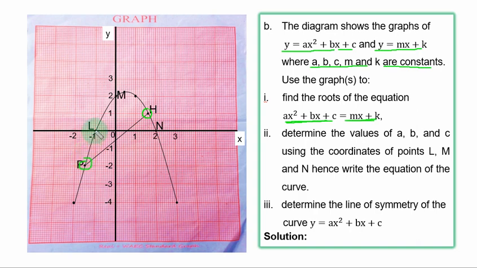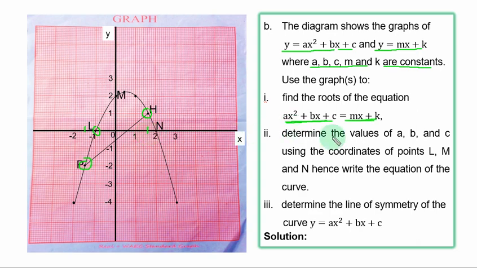If you start counting from minus 1, you have it at this point, and that is minus 1.5. That is one solution. If you start counting from 1 as well, you have it at this point. That should be 1.6. So the solution is minus 1.5 or 1.6.